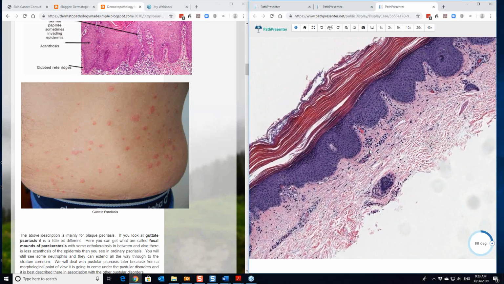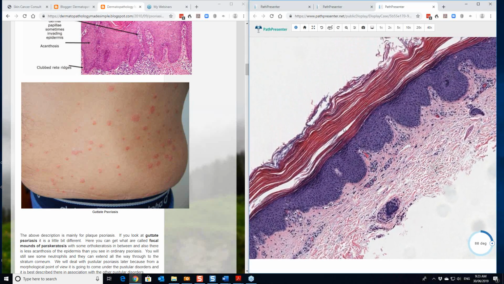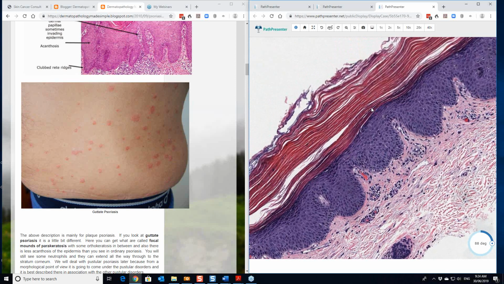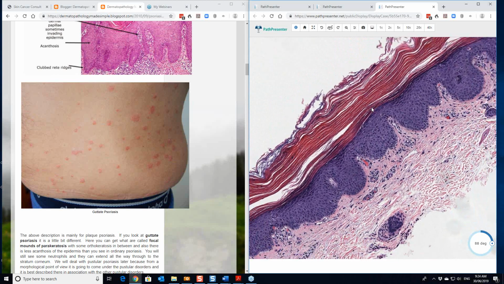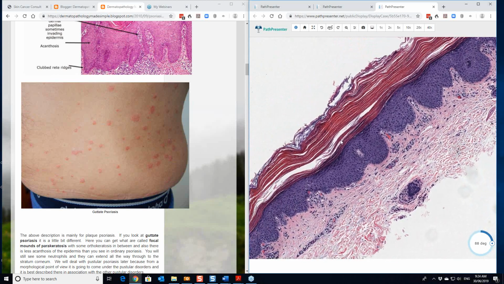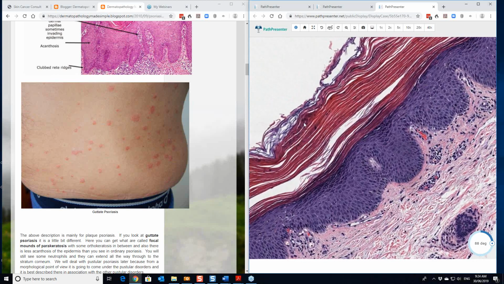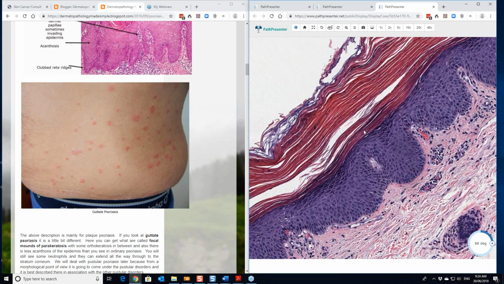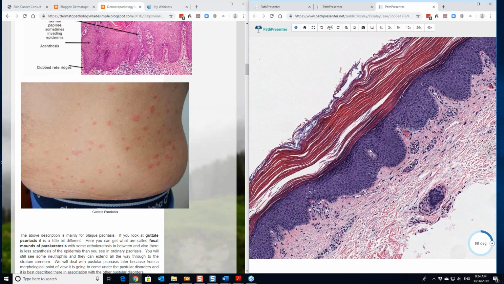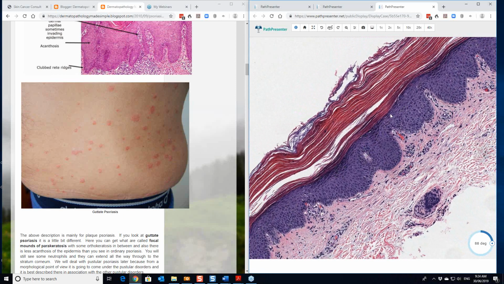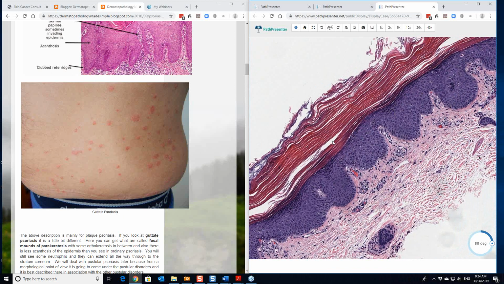If you look in, you can see that there's quite marked overlying parakeratosis here as well. There are no obvious collections of neutrophils here, though. You can see the parakeratosis up here. There's still a little bit of a granular layer here, but it's a bit patchy. It's lost in areas here as well.